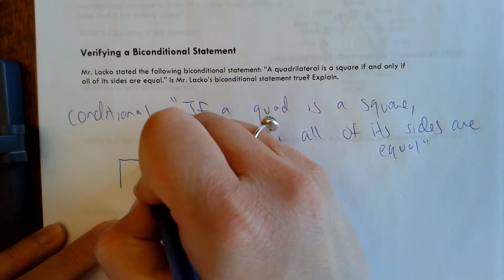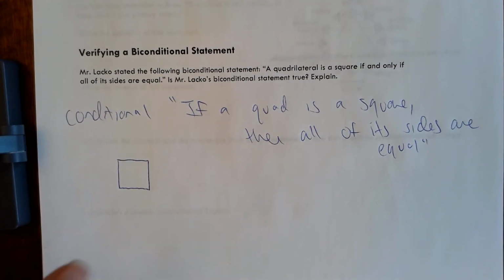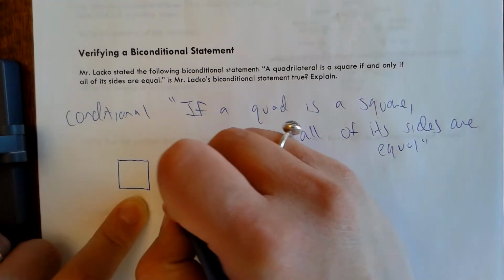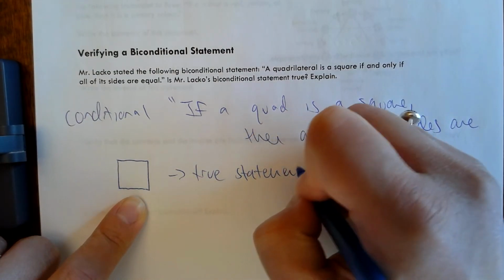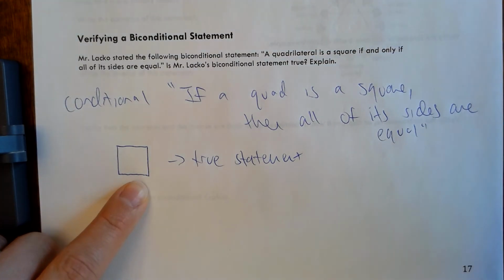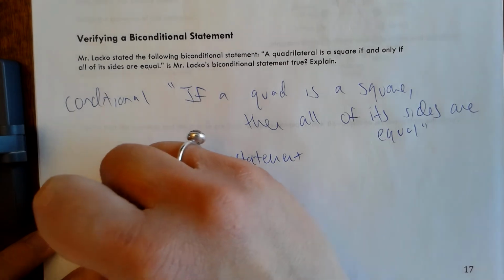All right, draw myself one. If this is a square, okay, yes, it's a square. Are all of its sides equal? Yeah, that's a part of being a square, right? So I would say that's a true statement. Now the goal here is not to test what you know about squares, but hopefully that's something you know already. Let's do the converse now.